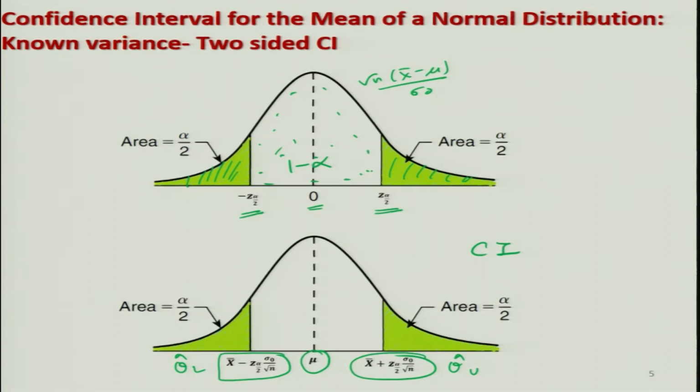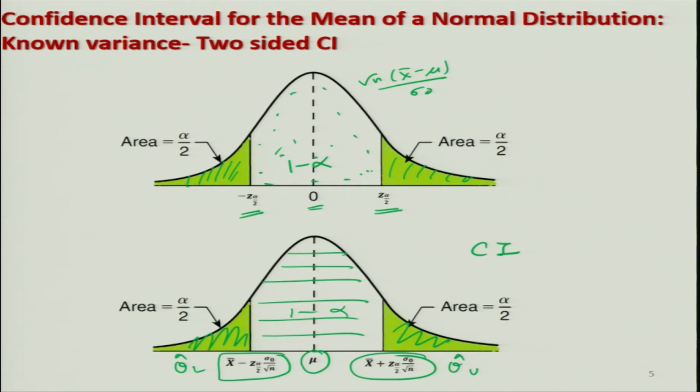And you can see here this shaded area here and here, this is alpha by 2 and this area here in the middle, this is 1 minus alpha. Right. So, this is what we mean, that this is the area which is the confidence band.